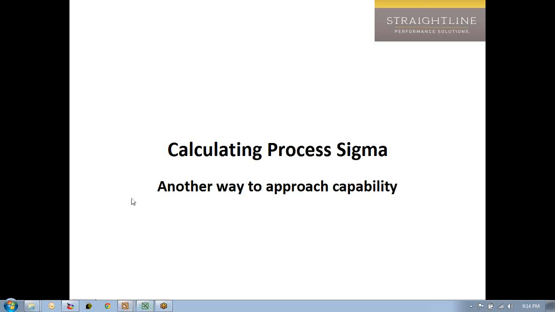We usually think of stability as being looked at by a control chart, seeing how something evolves over time. Is it remaining stable or is it moving all around? That's the voice of the process, but we also want to look at capability, which is essentially the percent good, the percentage of time or the proportion of times that we actually meet the customer expectations.